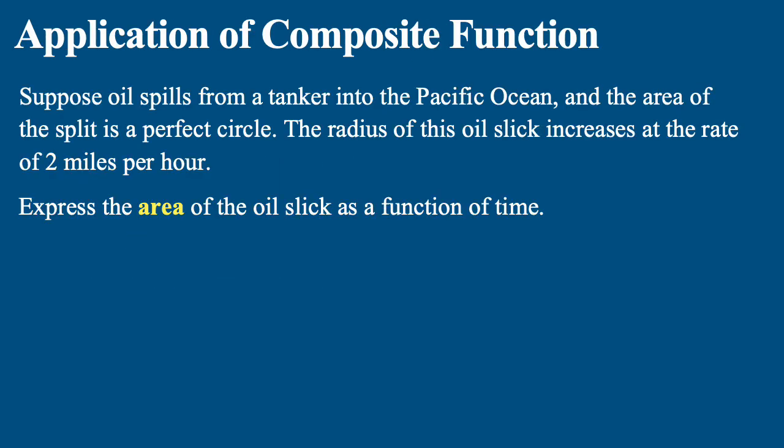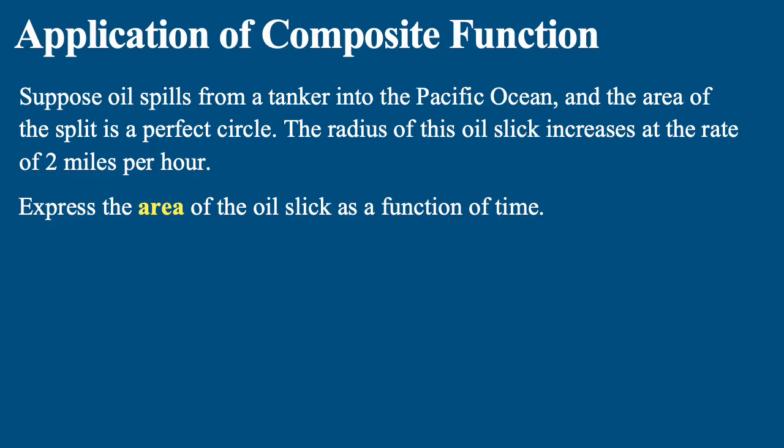Here is one application of a composite function. Everyone can read this application problem. Suppose oil spills from a tank into the Pacific Ocean. The area of the spill is a perfect circle. The radius of this oil slick is increasing at the rate of 2 miles per hour.